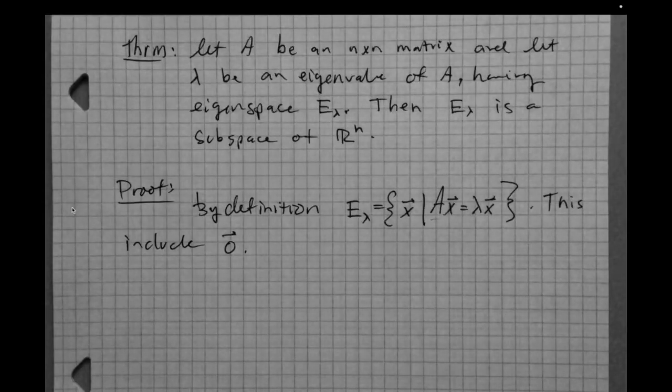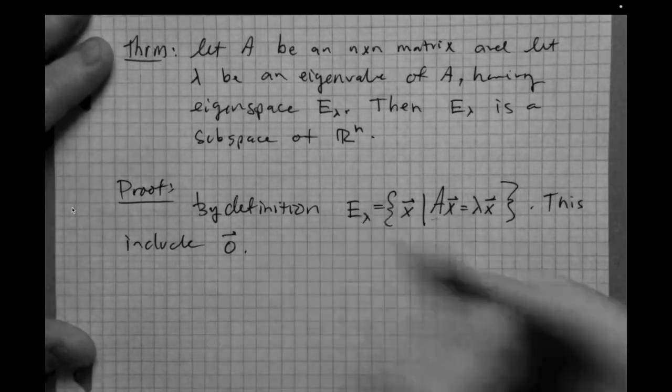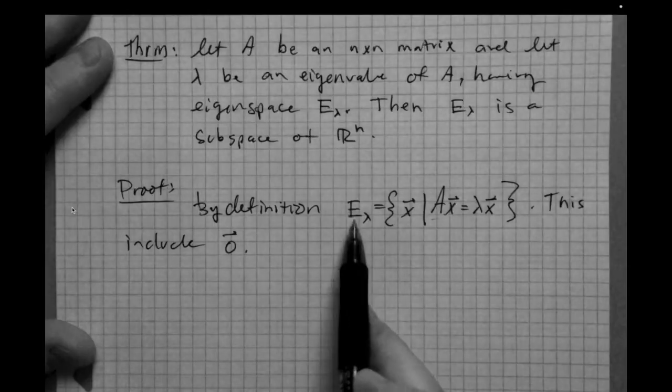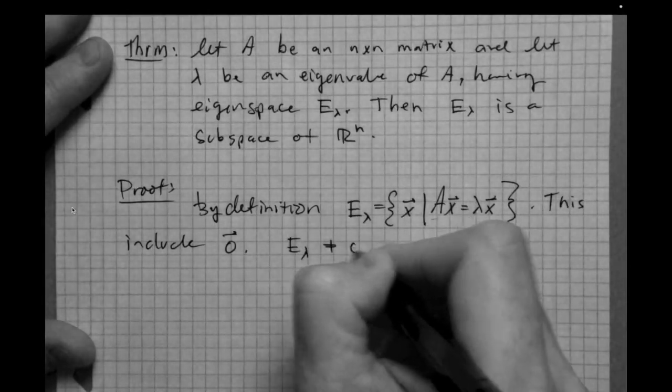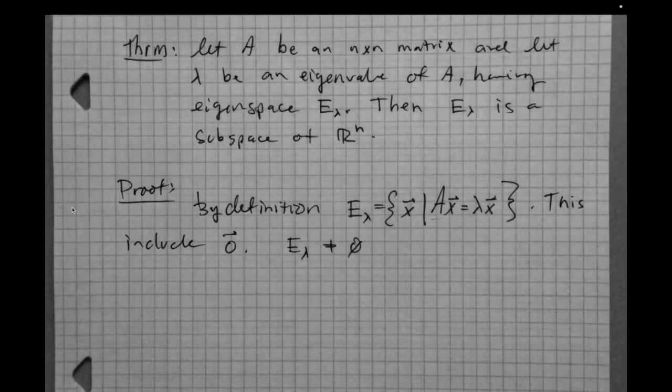Okay. And so what can we say about E sub lambda? Well, E sub lambda is obviously non-empty. First of all, lambda as an eigenvalue exists, and so it must have eigenvectors. And second of all, we know that the zero vector is in there automatically, so it's non-empty.